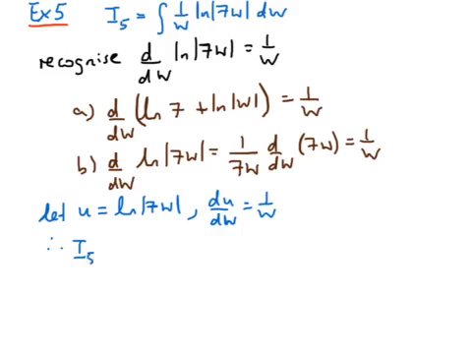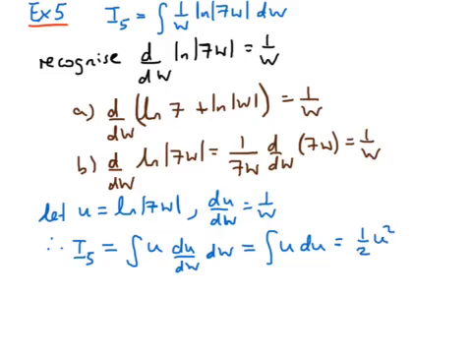So this tells us that our integral, I5, is the integral of, now I'm going to write the logarithm part first, but that is just u, multiplied by du dw integrated with respect to w, and from the substitution formula that's just the integral of u with respect to u, and that is 1/2 u squared. We add 1 to the power and divide by the new power plus some integration constant.